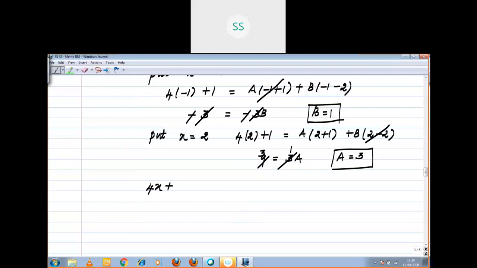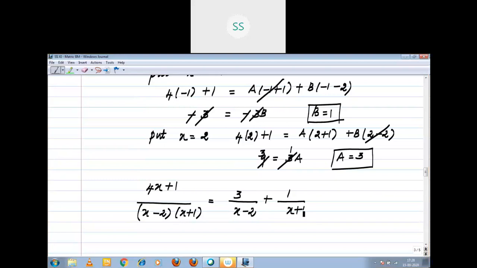The single fraction, I am going to write in terms of two simpler fractions: (4x + 1) divided by (x − 2)(x + 1) equals 3 divided by (x − 2) plus 1 divided by (x + 1). Got it, children? Whether you understood or not? Partial fractions is nothing but a single fraction. We can write it in terms of two or more simpler fractions.